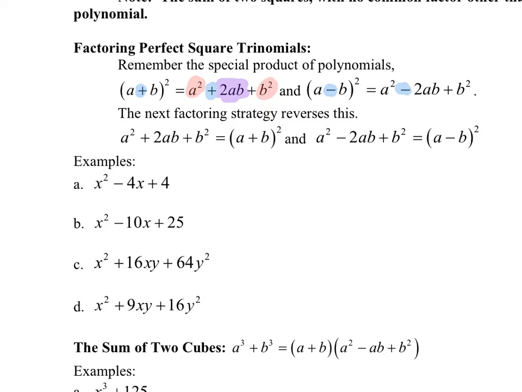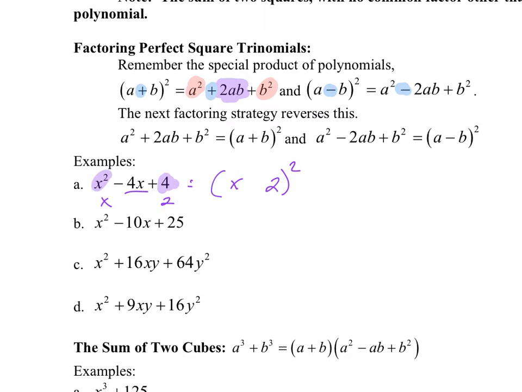So, we're going to look and see the square root of 4 and x are x and 2. 2x times 2 is 4x. Yes, we have a factoring pattern here. So this becomes x, 2, squared.